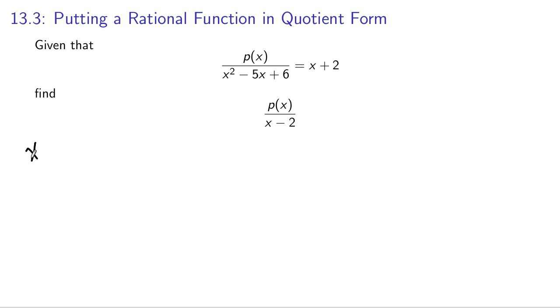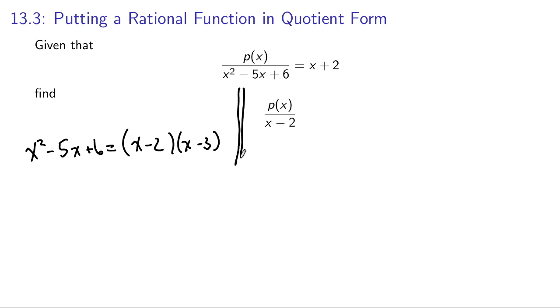So x squared minus 5x plus 6 equals what multiplies to 6, well 2 and 3 do, and adds to minus 5, minus 2 and minus 3. Okay, so then we can write this first part as p of x over x minus 2 times x minus 3 equals x plus 2.